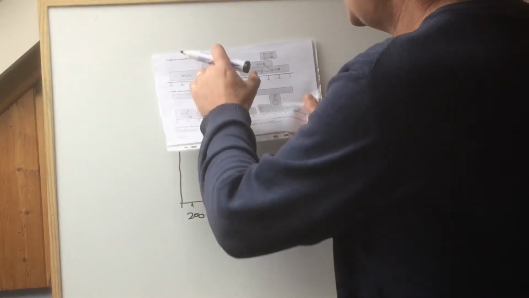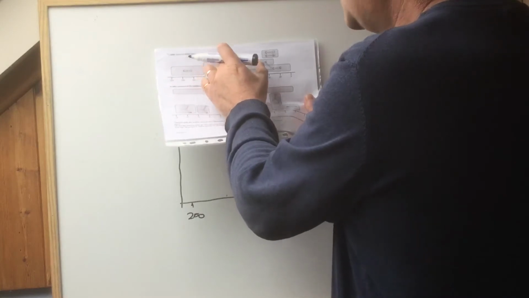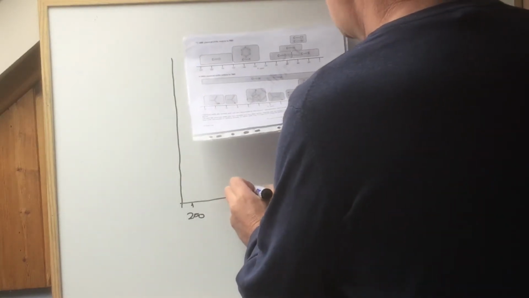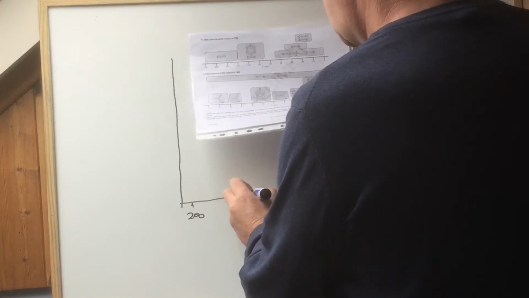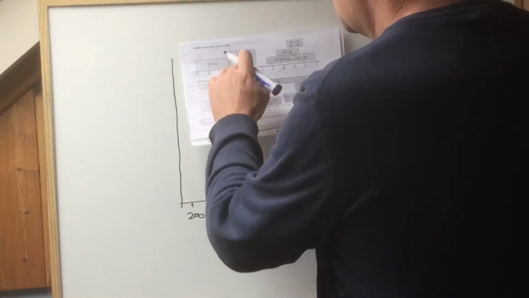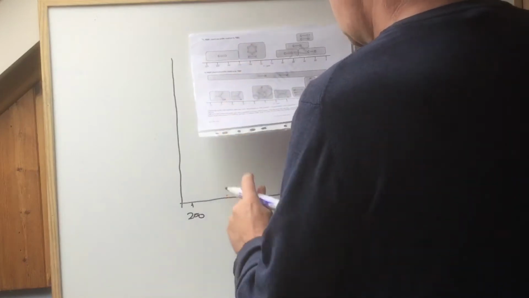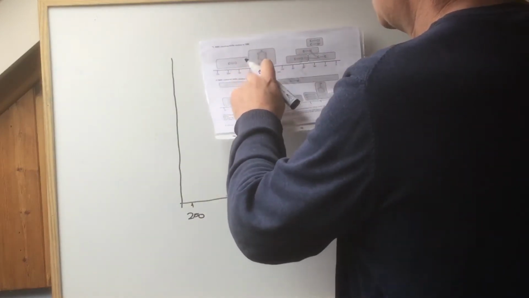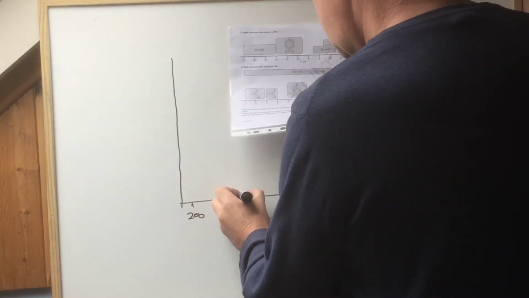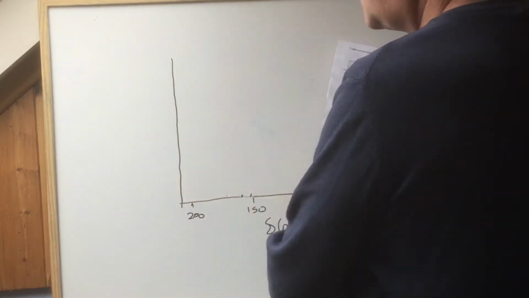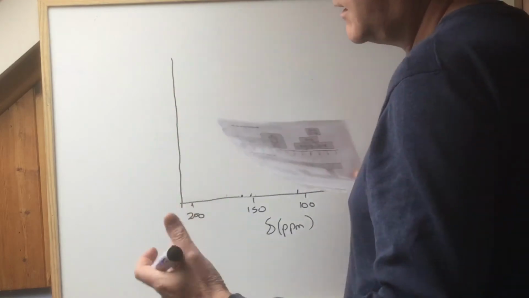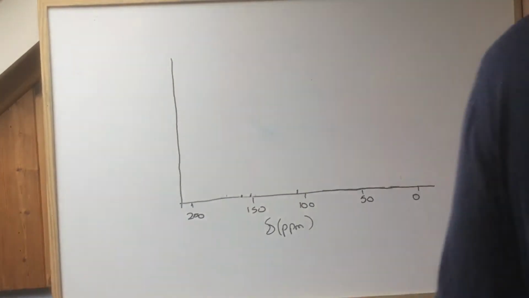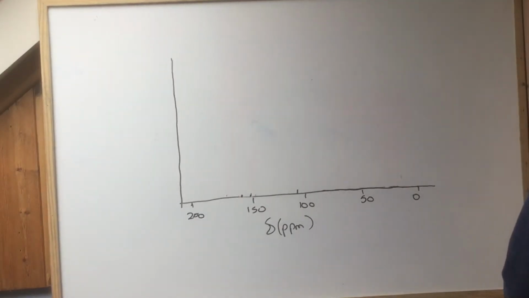So all my peaks in that benzene ring will be somewhere between about 110 and about 160. I don't have to bother with the scale. I could change this and make the scale bigger because I'm only focusing on certain aromatic ones, but you'll get the idea.